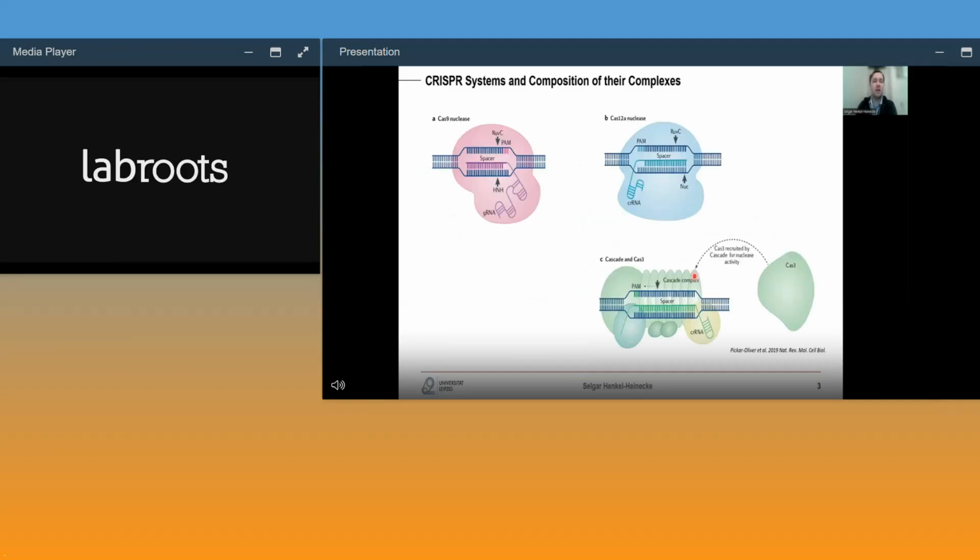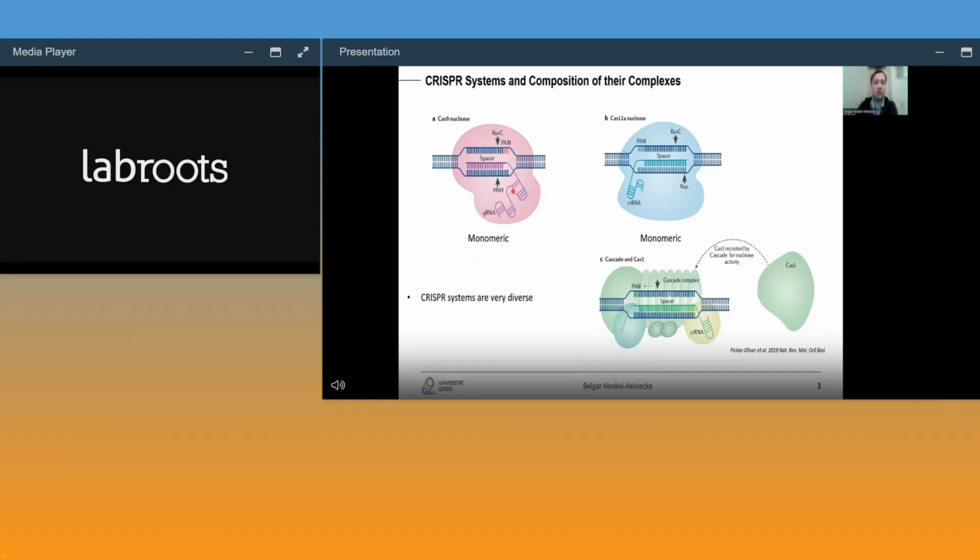So in nature, there are a lot of CRISPR systems, and they are very diverse. I just picked three here, more or less the most famous ones. First of all, we have Cas9 and Cas12a, which, as you see here, are monomeric. So the protein complex itself is monomeric.